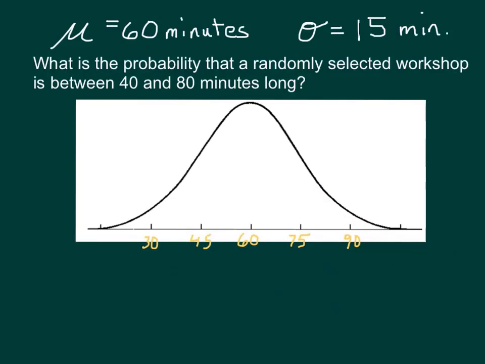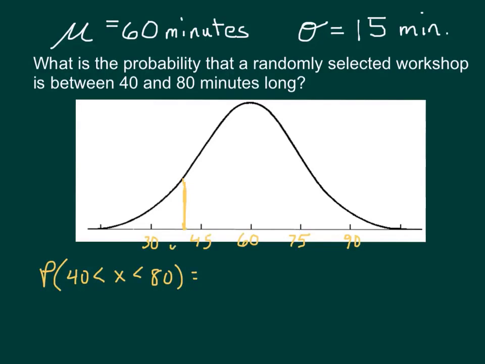So now we'd like to know the probability that a randomly selected workshop is between 40 and 80 minutes long. So we're looking for the probability that the workshop time is between 40 and 80. And so 40 is going to be just to the left of 45.